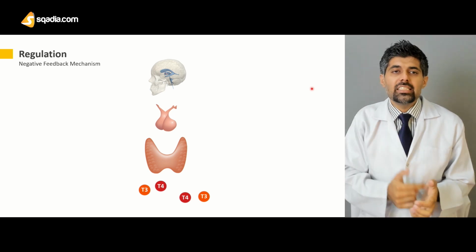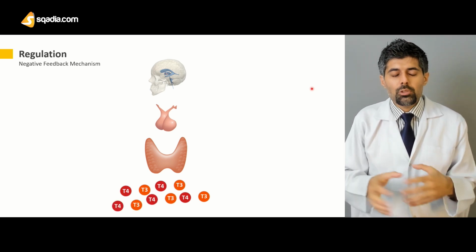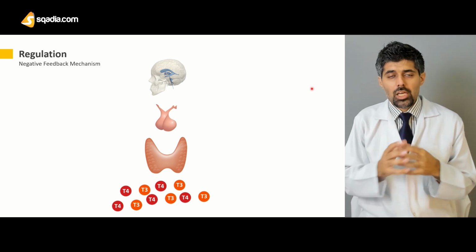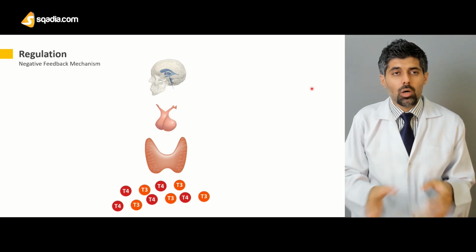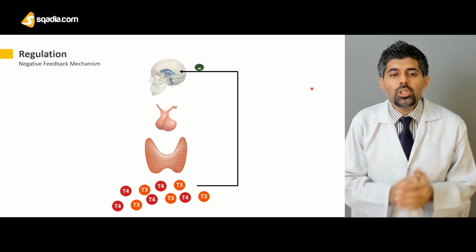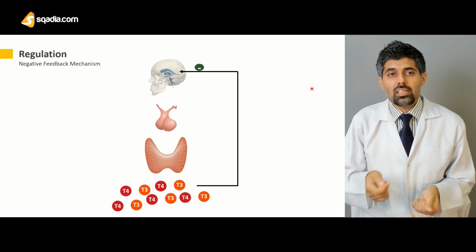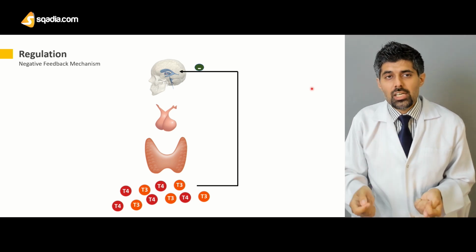As you will easily see in this example, when T3 and T4 are produced in large amounts in the body and are circulating in excess in the bloodstream, they give a signal to the hypothalamus to release less and synthesize less of the TRH.